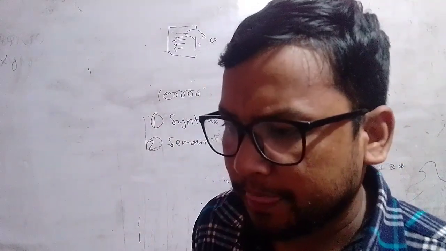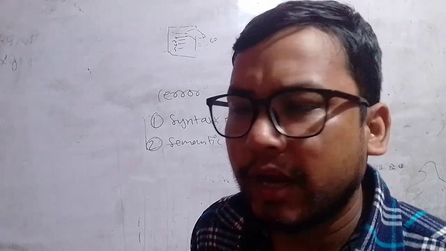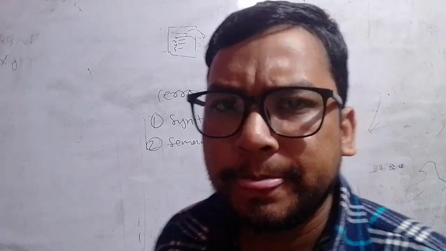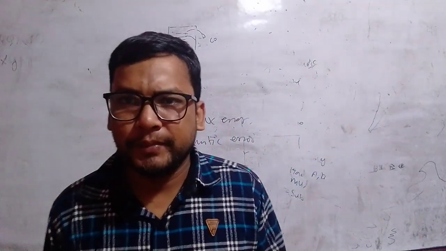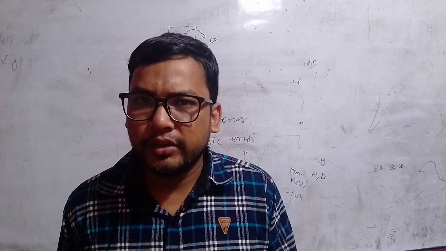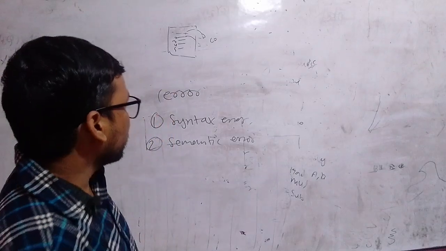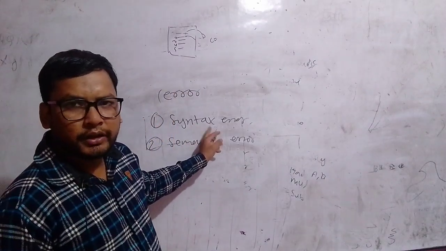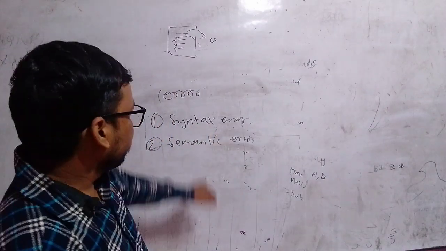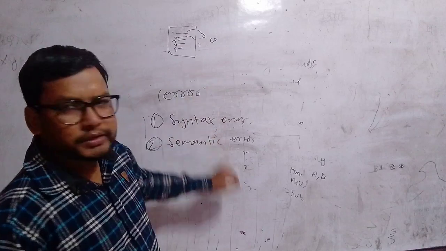What is a syntax error? We have discussed grammar. A programming language uses allowed vocabulary and a specific grammar. The grammar of the computer language is called the syntax. How to write a command in the programming language is called the syntax.